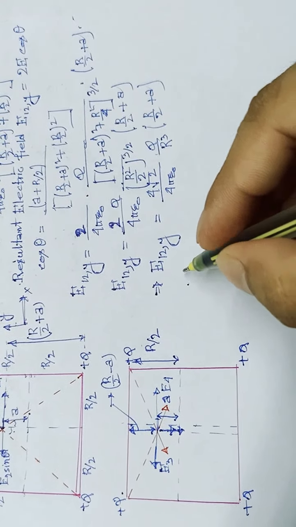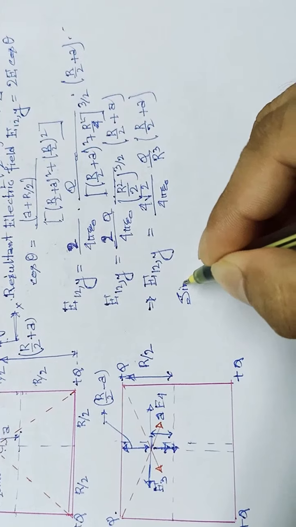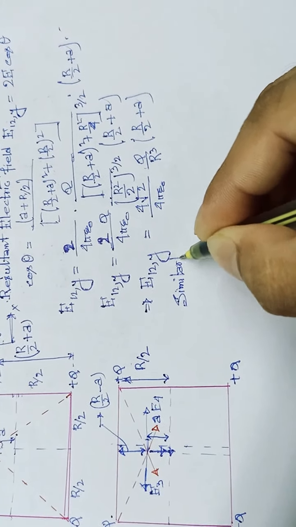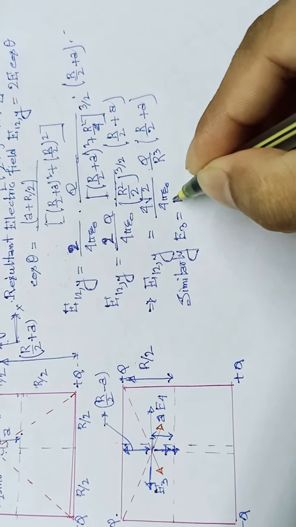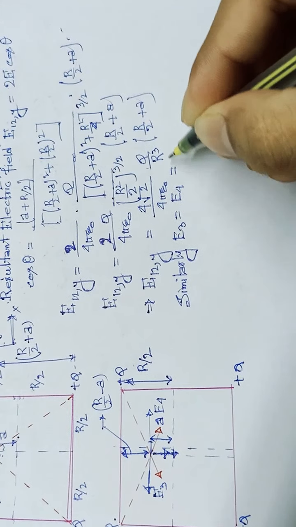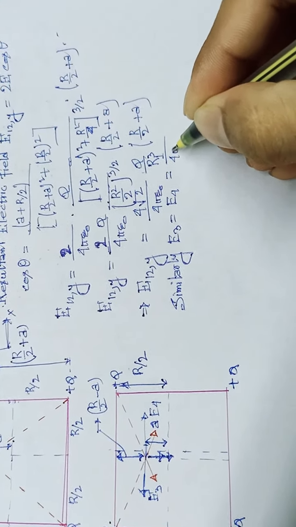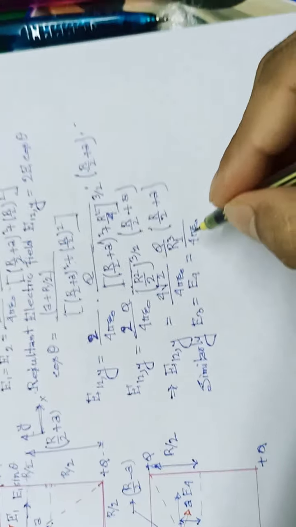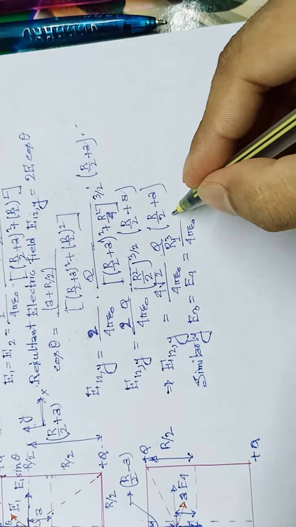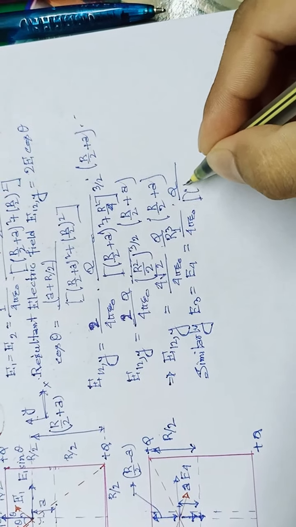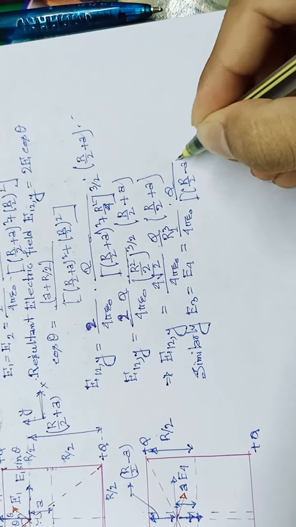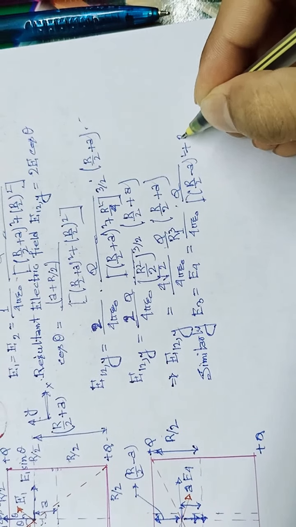Similarly E3 equal to E4, which is equal to 1 divided by 4 pi epsilon naught into Q divided by R divided by 2 minus A square plus R square divided by 4.